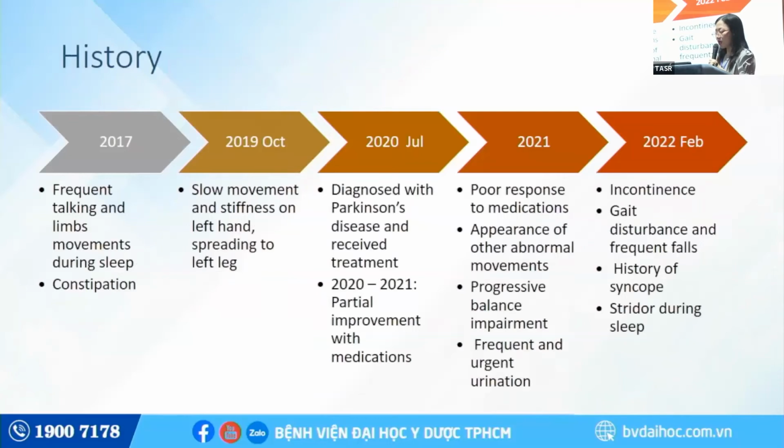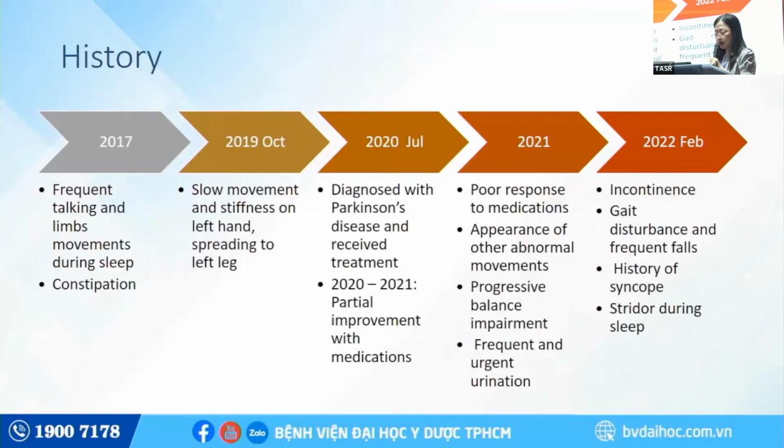She also had quite severe constipation, which made her regularly visit a gastroenterologist. But not until 2019 did she report the first motor sign, which was slow movement and stiffness in her left hand, then spreading to her left leg.